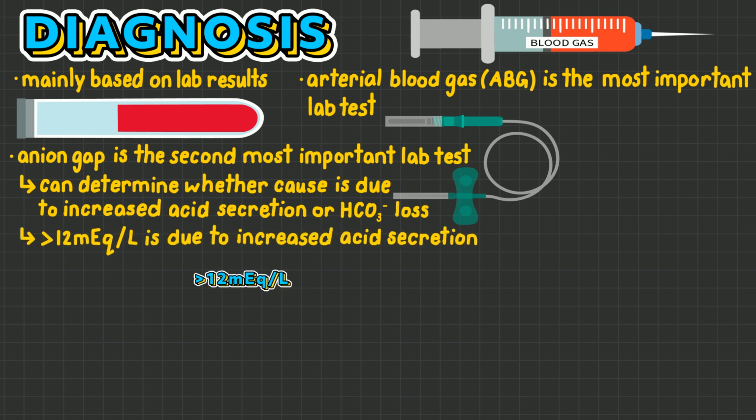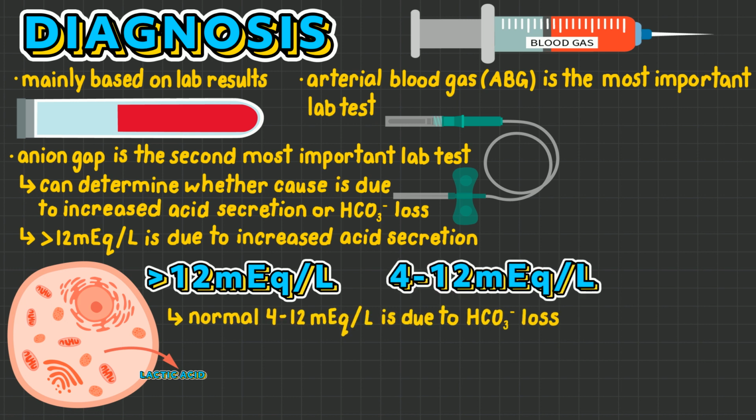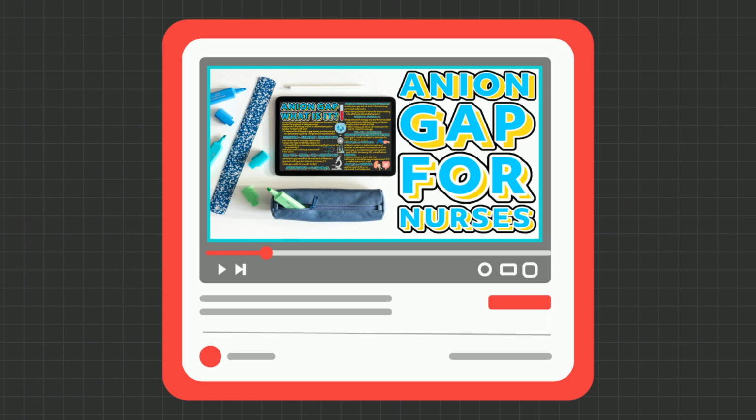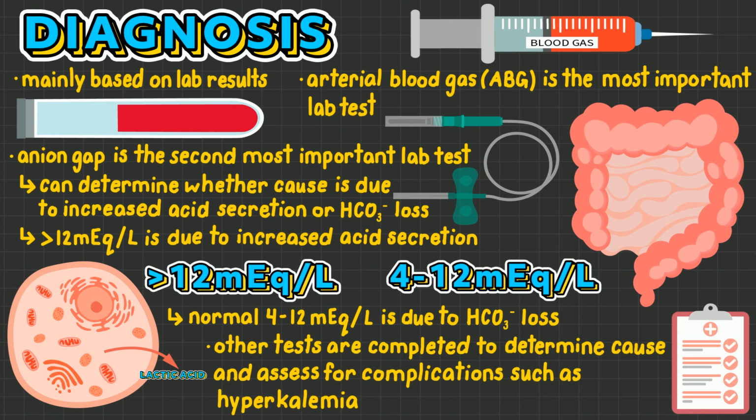If anion gap is greater than 12 milliequivalents per liter, metabolic acidosis is a result of increased acid secretion. However, if anion gap is normal, between 4 to 12 milliequivalents per liter, then it is a result of bicarb loss. If you want to learn more about anion gap, then click the link on screen or in the description down below. Other tests that are completed are to determine the cause of metabolic acidosis and to assess for complications such as hyperkalemia.